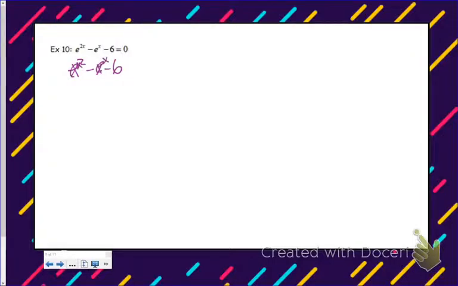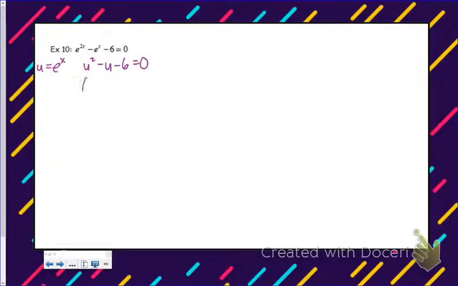So what we're going to do is factor this. But because it's kind of hard to see the factoring right here, I'm going to replace e to the x with a different variable. I'm going to use u, and u is going to take the place of e to the x, at least just for this first step. So e to the 2x would be u squared, e to the x would be u, and then minus 6.